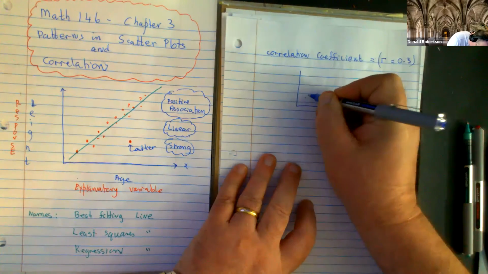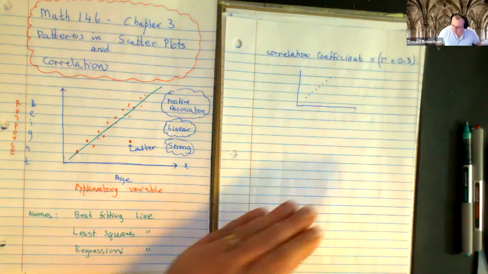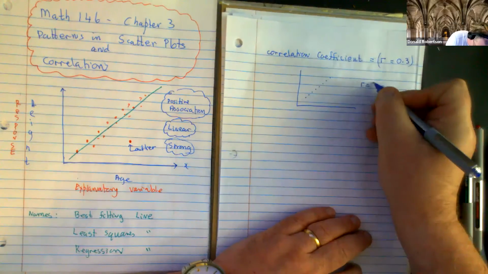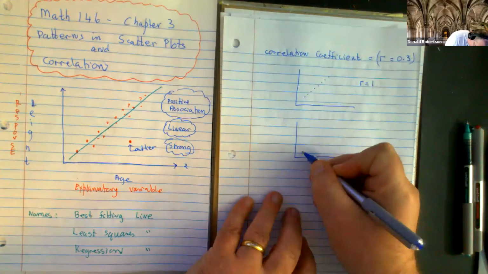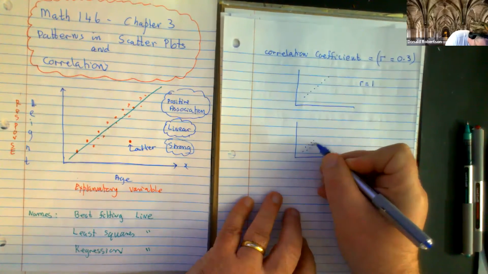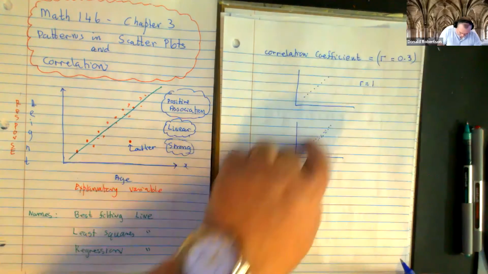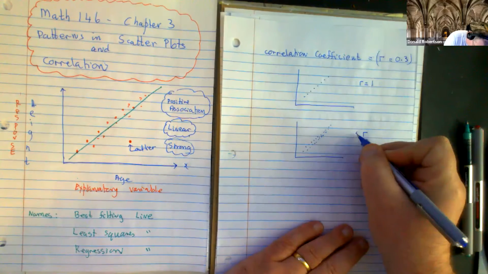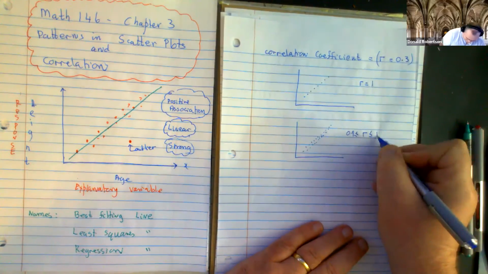If your data was a perfect straight line, every single one of them on the same line, the correlation coefficient is 1. If your data is linear, obviously, and nice and strong, you will get an R value somewhere between 0.9 and 1.